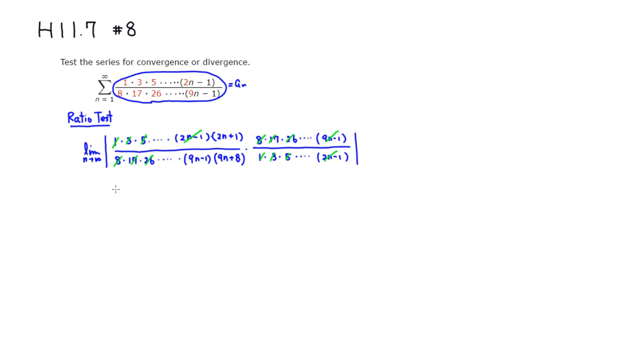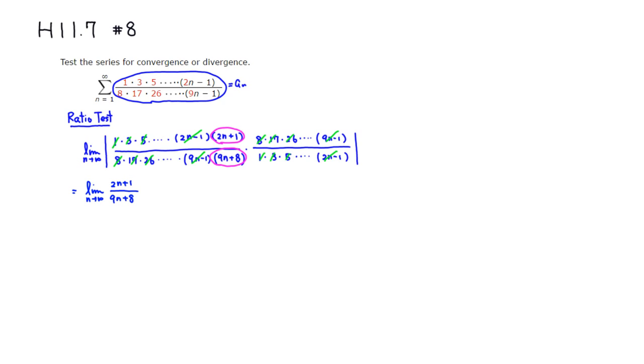What's left is just two factors, this one and that one. So this is just the limit as n approaches infinity. We can get rid of the absolute value sign because nothing is negative here. So you have 2n plus 1 over 9n plus 8.